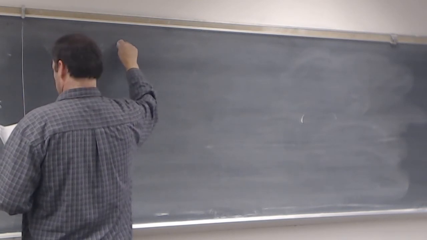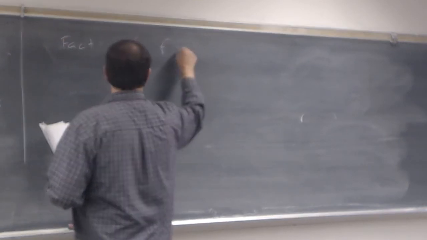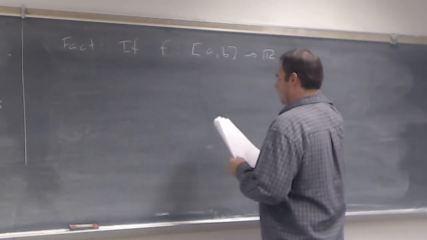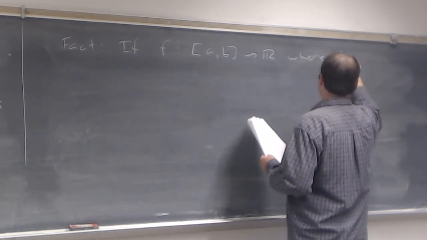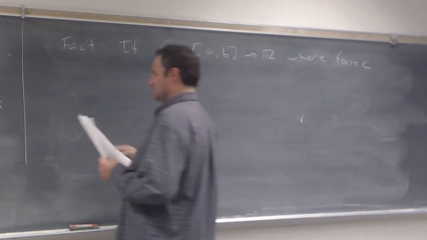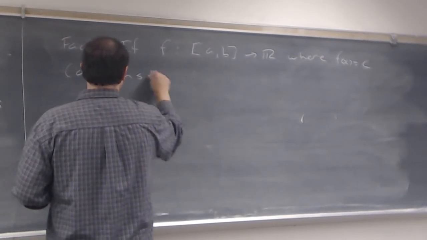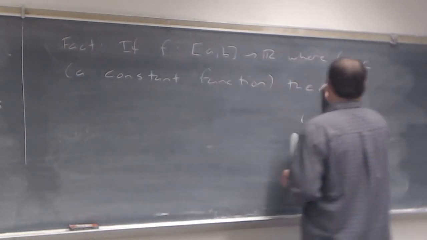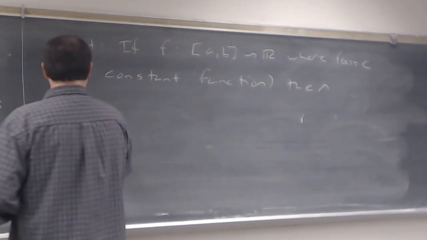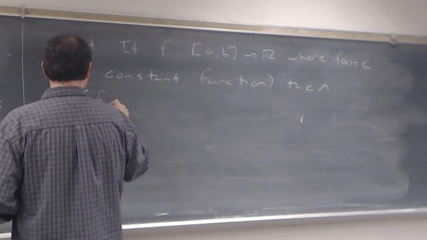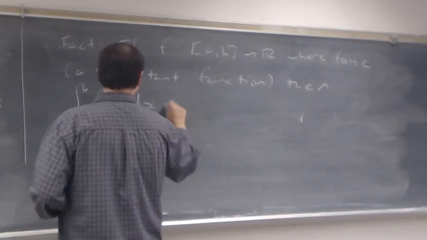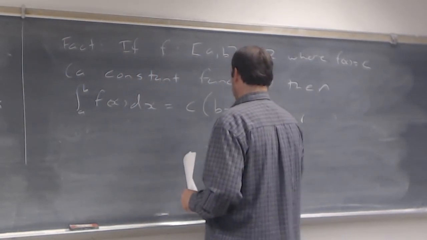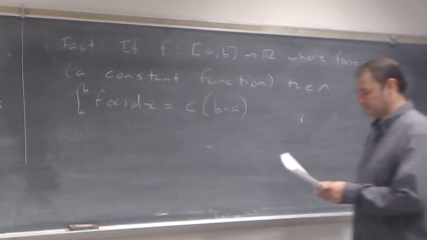If f going from a to b into R, where f of x is equal to c, a constant function, then the Riemann integral is going to exist. The Riemann integral from a to b of f of x dx will not only exist, I can tell you what it is. It's the constant c times b minus a. I'm going to prove this fact.